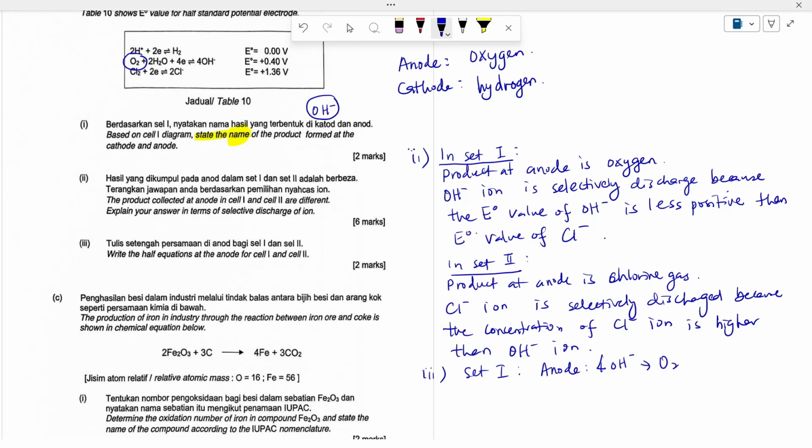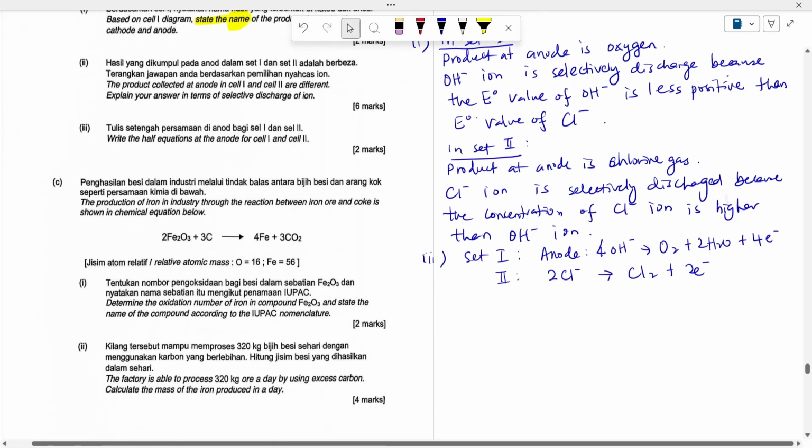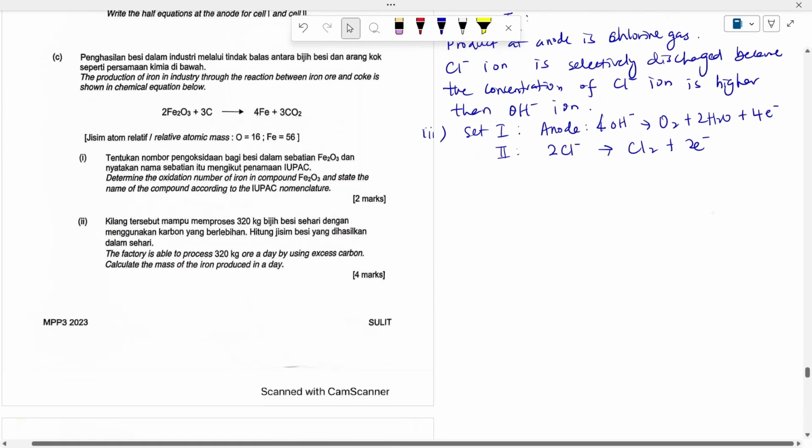So 4OH minus gives O2 plus 2H2O, losing 4 electrons. For set 2 anode, it's chloride, right? So 2 chloride ions produce chlorine by losing 2 electrons. So this is for number 3. Okay, now C.